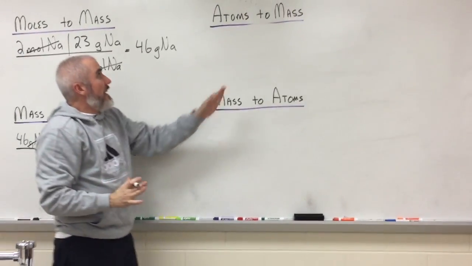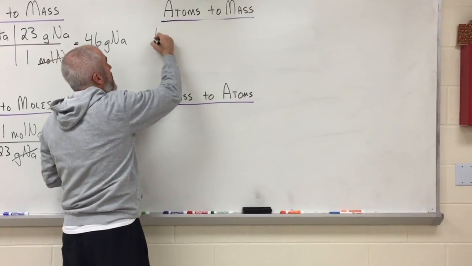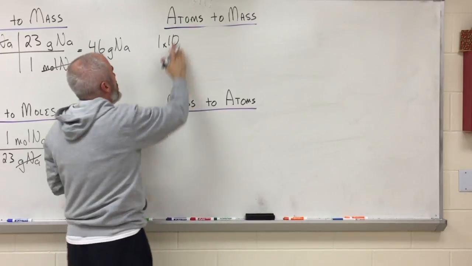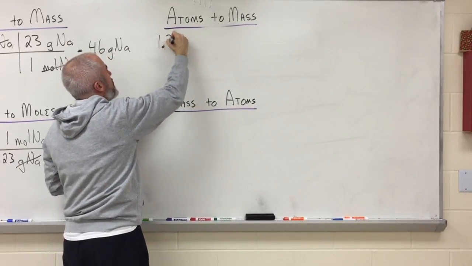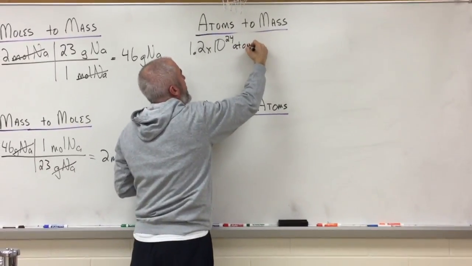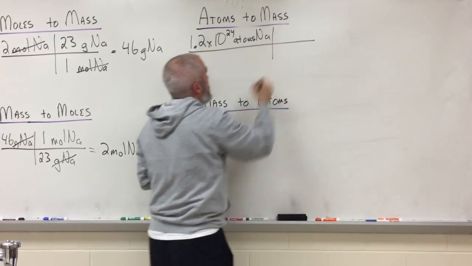Now, a little more complicated is if we go with atoms to mass. Let's say we have 1.2 times 10 to the 24th atoms of sodium, and we want to convert that to mass.